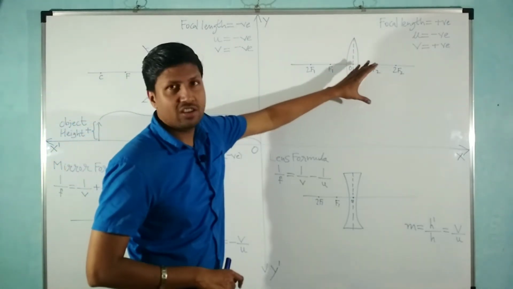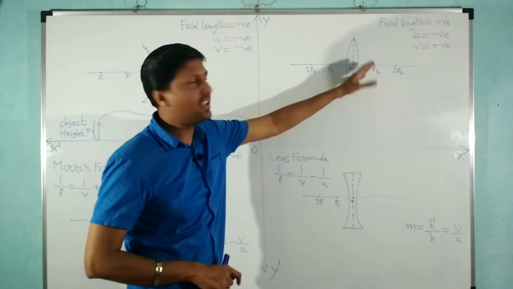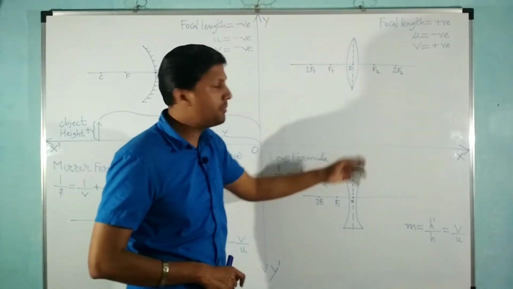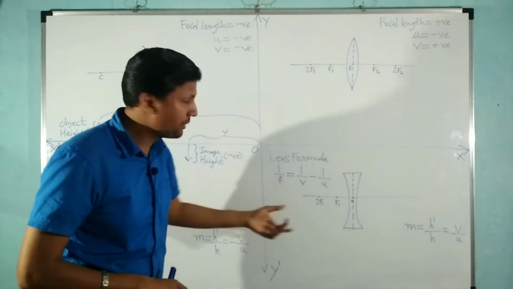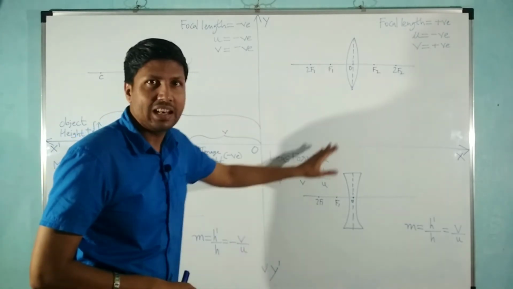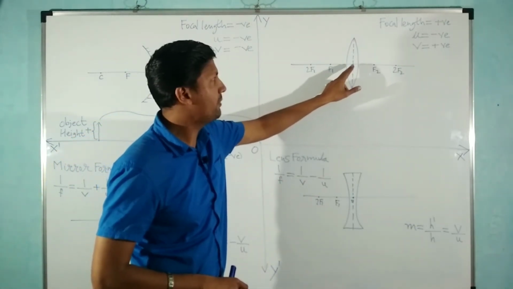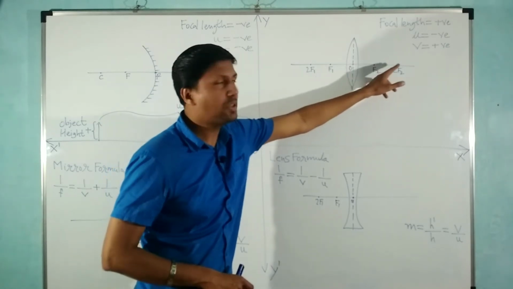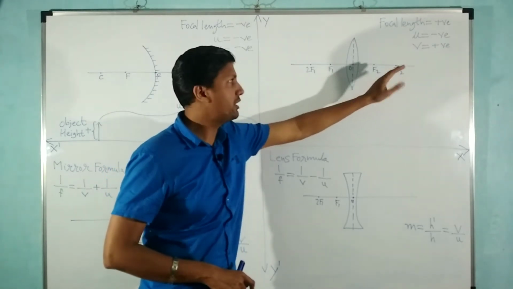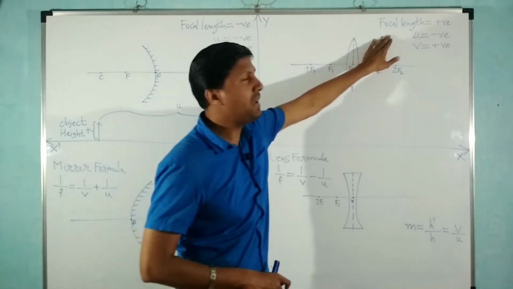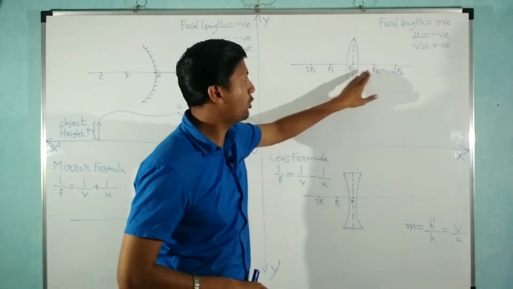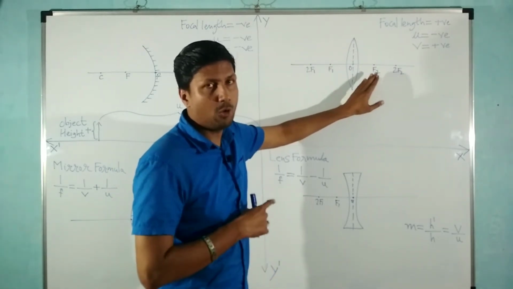Again, the image size will depend. If the image is inverted, then the image height will be negative. Every distance measured from O to the right side is positive. So the focal length will be positive, that is the distance from O to F2.